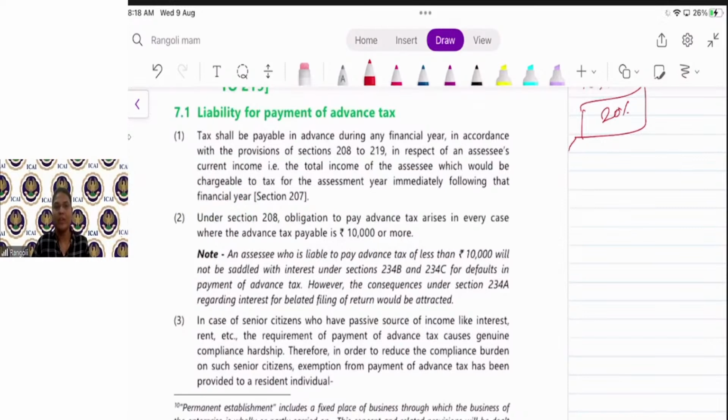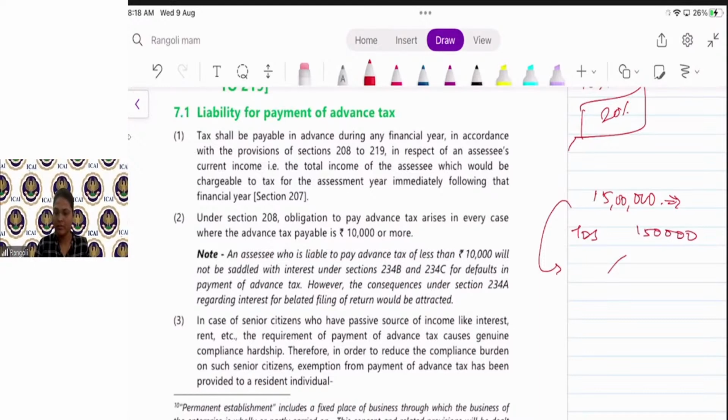So if your estimated income tax liability minus TDS minus every credit comes to more than 10,000 rupees. Say, for example, my income is 15 lakh and entire income is professional service. So TDS is deducted only 1,50,000, right? And what is my actual tax liability on 15 lakh?